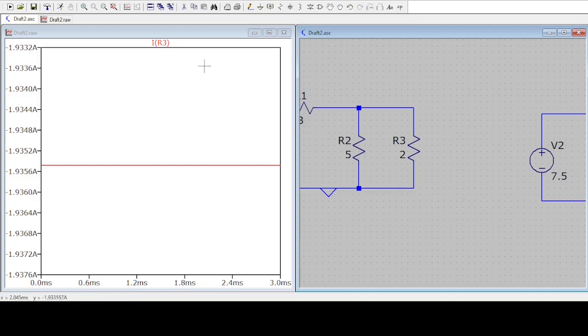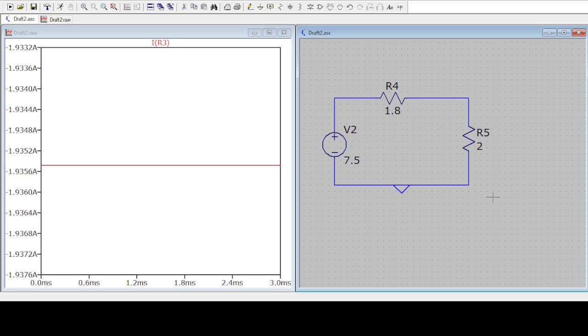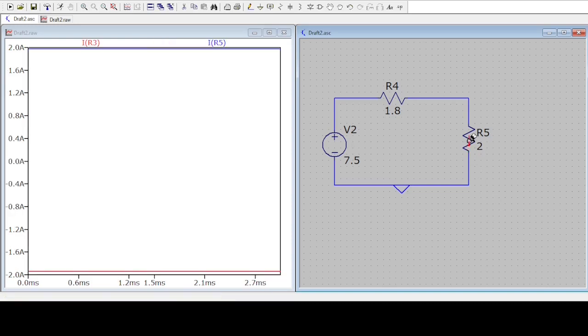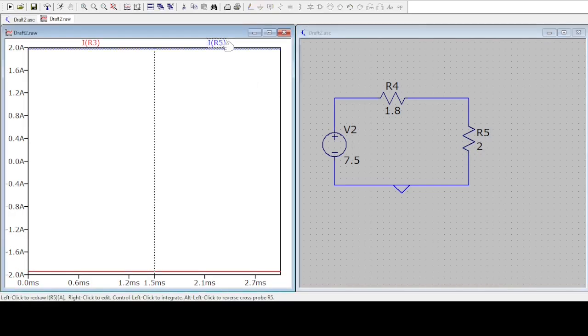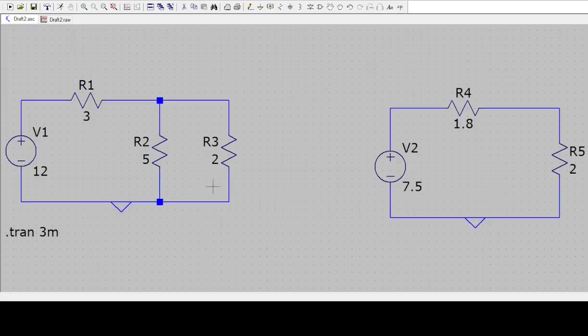Let's see what's happening in Thevenin's equivalent circuit. If I probe the current here, through R5, I get 1.9 ampere. So basically they are the same. So Thevenin's theorem works.